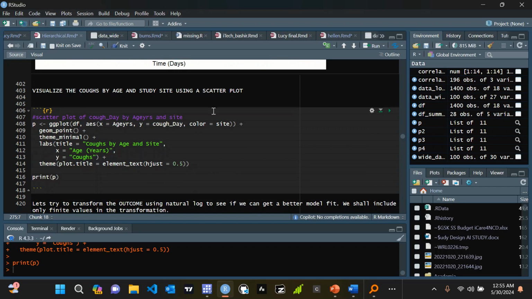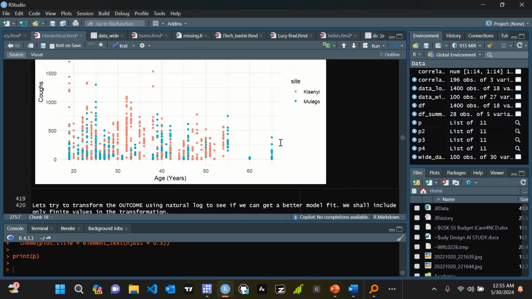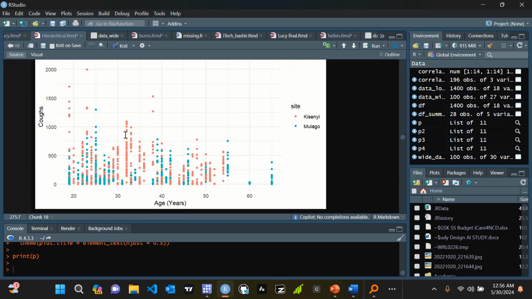So let's visualize cough by age and site. We can also do that, and we see what happened for people who were old, and what happened as people's ages advance versus the coughs they were producing per day.